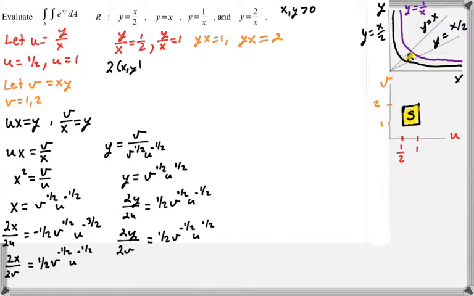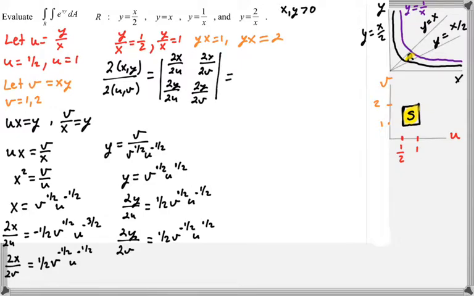So the partial of xy with respect to uv, we'll set up our matrix. So it's partial of x with respect to u, partial of y with respect to u for column 1, partial of x with respect to v, and partial of y with respect to v for the second column. All right, so dx du is negative 1/2 v to the 1/2, u to the negative 3/2.